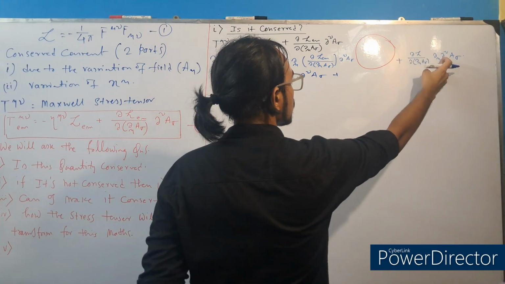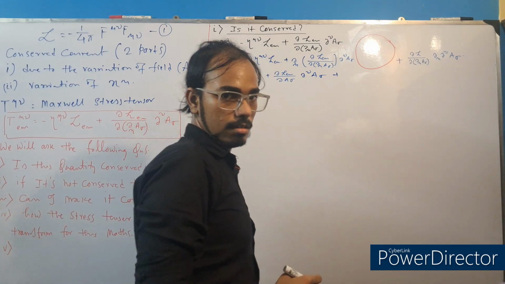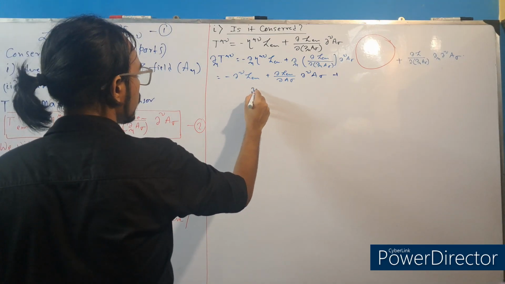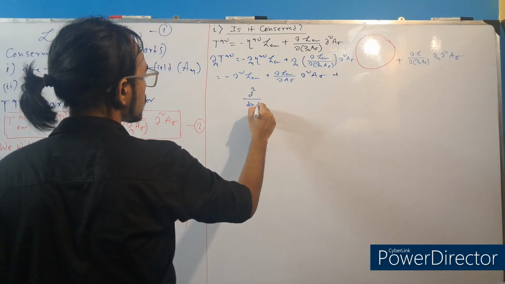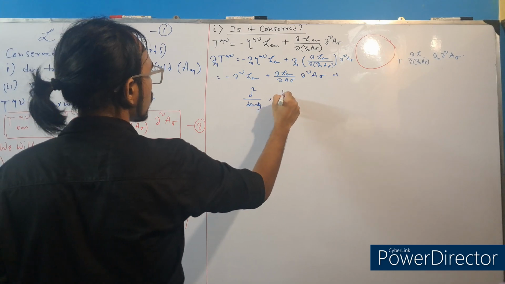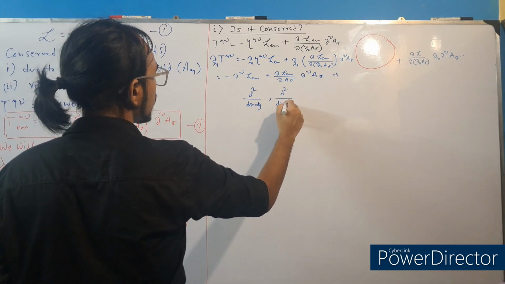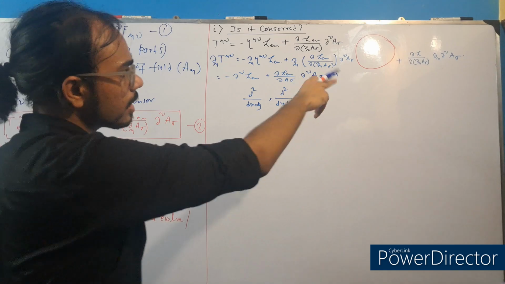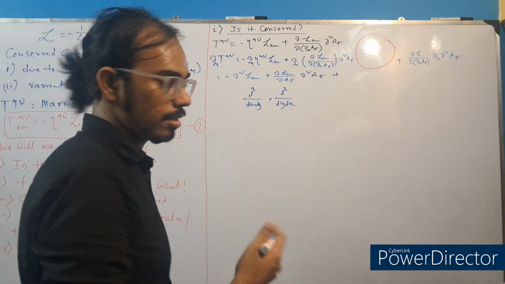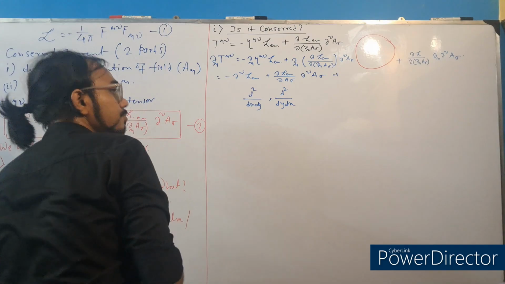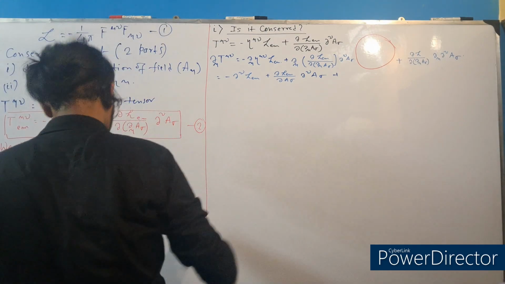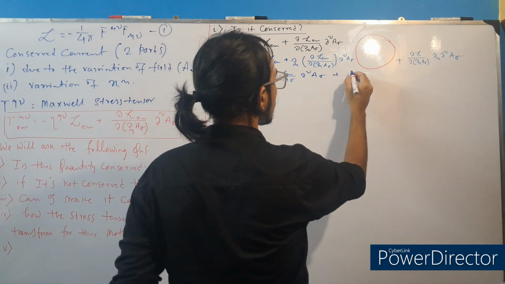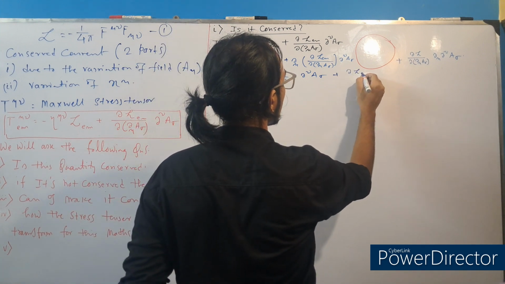Now these are two differential operators, so it does not matter whether you write d²/dx dy or d²/dy dx. Derivatives are exchangeable; basically the derivative operator commutes. As they commute, we can write ∂L_EM over ∂(∂_μ A_σ) times ∂_μ ∂^ν A_σ.